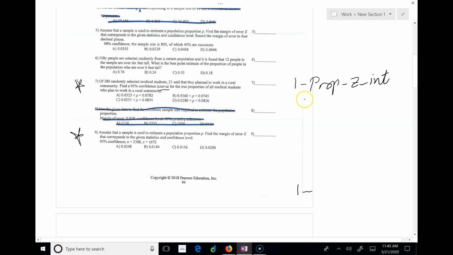What you need to do is write me the calculator command and then list the things you have. So you have X, that is the partial, that's 21, out of 380, and then the level of confidence, so it's 95% C level.